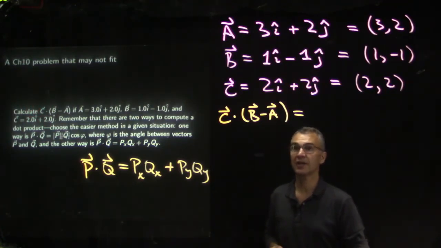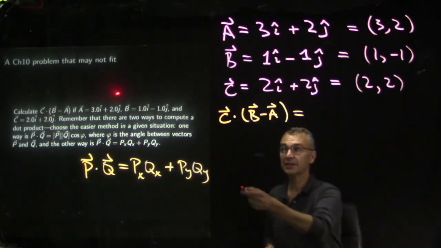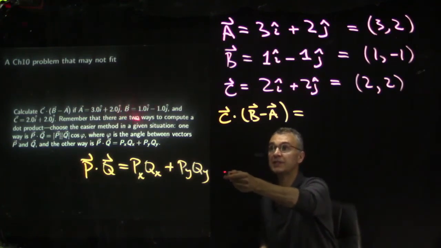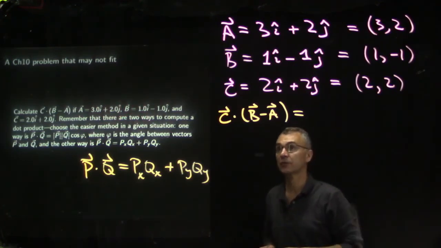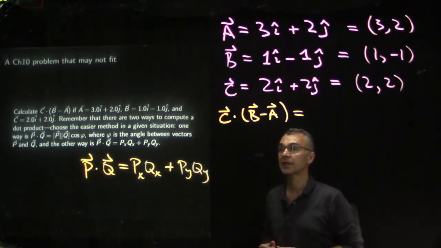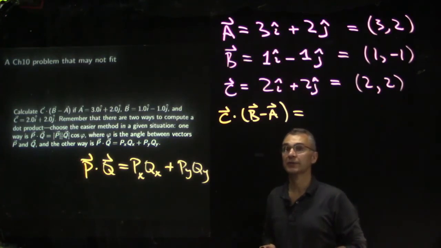So take B minus A and take the dot product of that difference with the vector C, if A is given by 3, 2, B is given by 1, minus 1, and C is given by 2, 2, where we list the x component, then the y component.